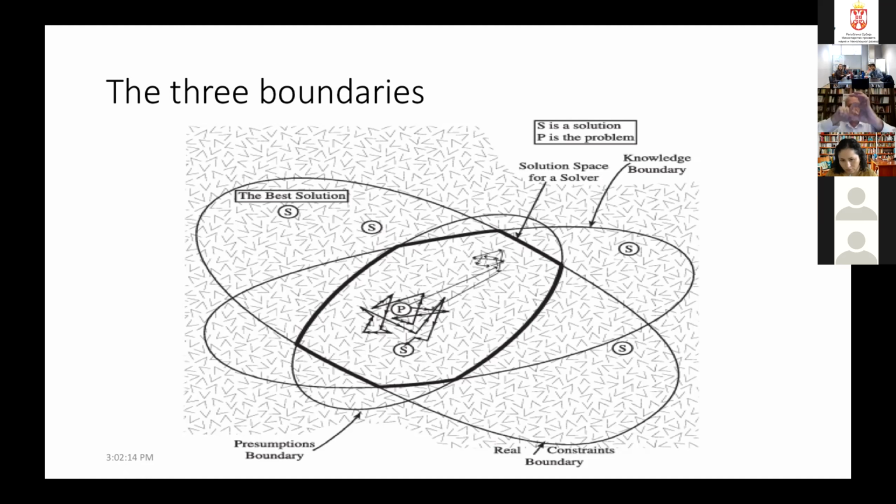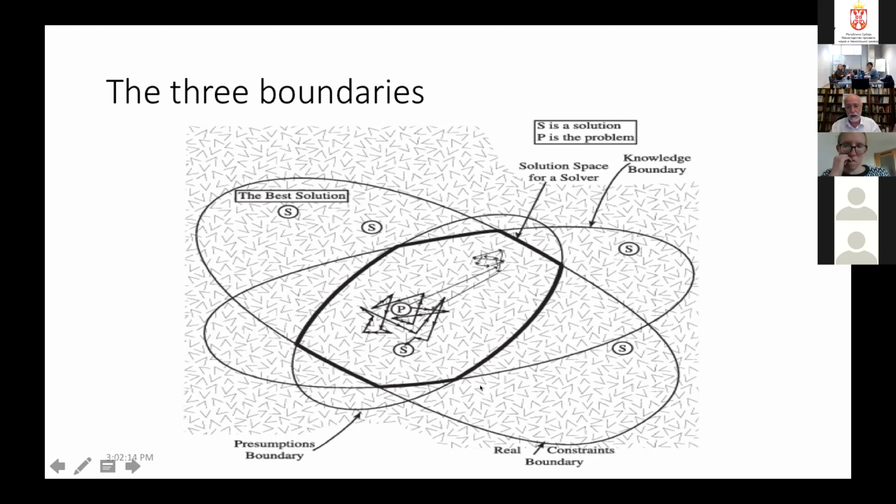Not interconnection, belonging to both sides. Opposition? Intersection. The intersection of those three boundaries is extremely small. So the best solution is out of the reach. And the problem is with this tightest boundary, these presumptions. That is the cage you are in.